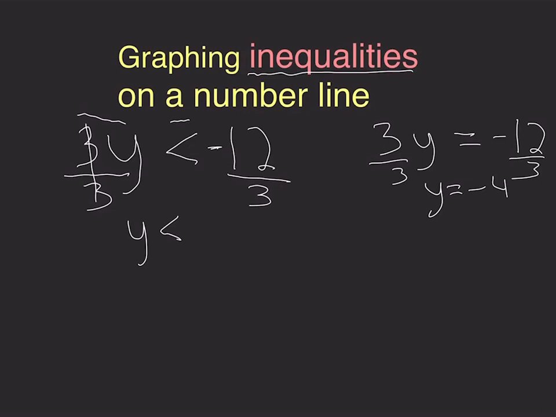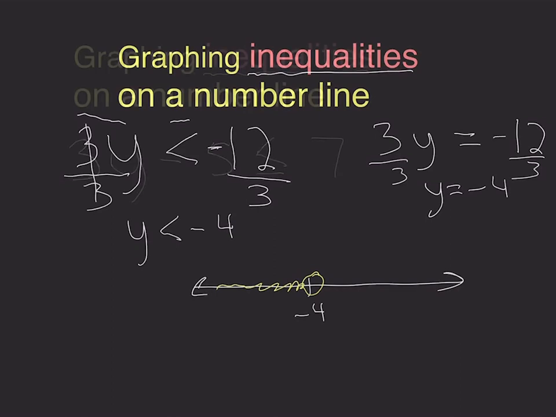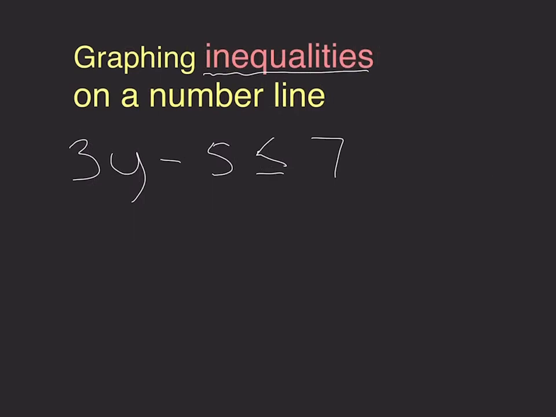The 3 and the 3 cancel, and I have y is less than negative 12 divided by 3, which is negative 4. Graphing that, putting a negative 4 here. Because it says less than, it doesn't say less than or equal to, do your open circle, and less than means that we go everything below negative 4.